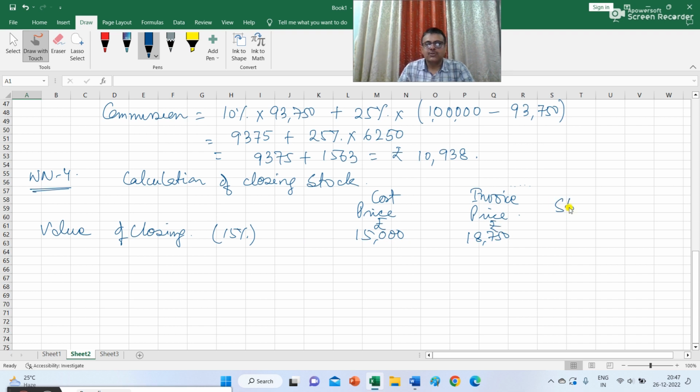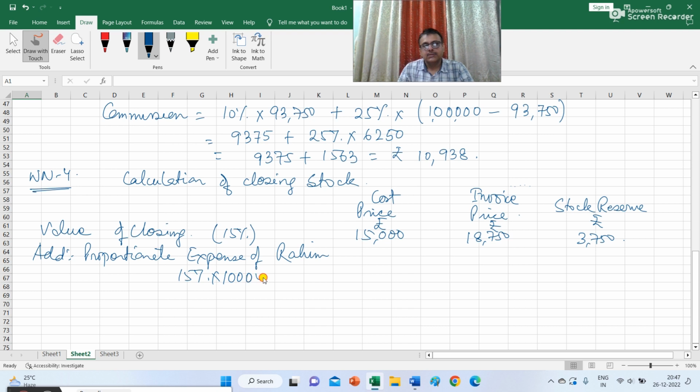So the amount of stock reserve is for rupees 3,750. So you can write the value of closing stock at invoice price is 18,750, and I have to add proportionate expense of consignor of Rahim. So 15% of 10,000 is rupees 1,500.